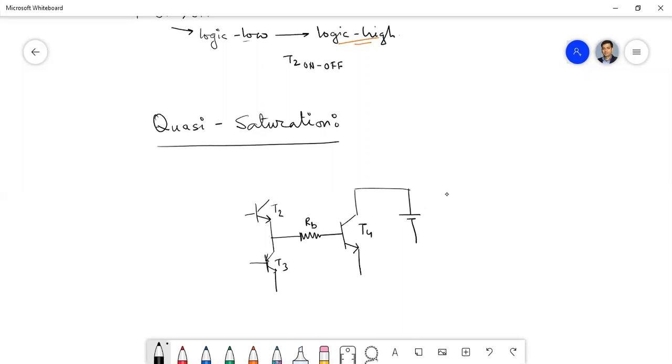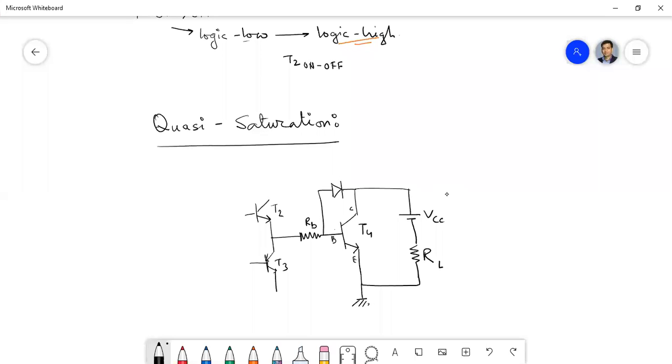And here we have the collector voltage VCC, and this is the load resistance RL or RC. Now what we do, we connect a diode between the collector and base. So this is the collector, the emitter, and this is the base.